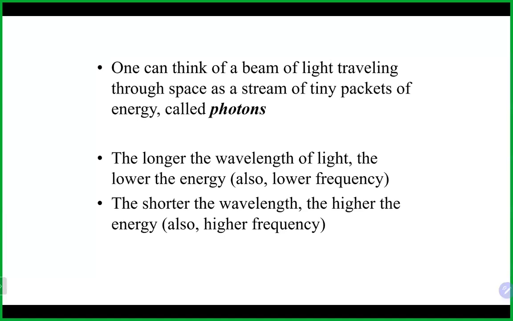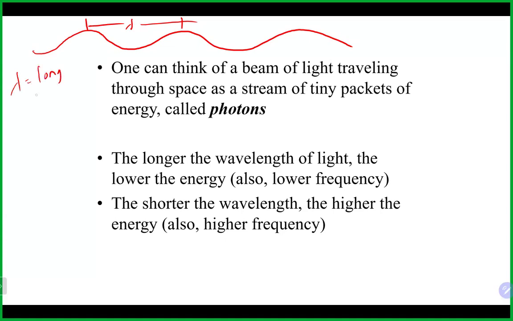So if you have a wave that has a fairly long wavelength, if the wavelength is long, typically the frequency is lower. And that usually means that we have a lower energy associated with that.